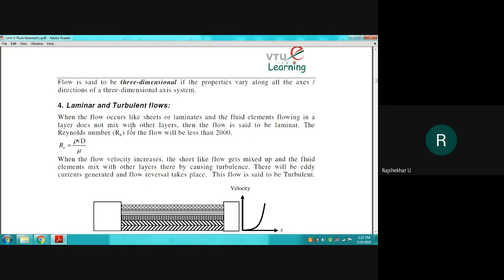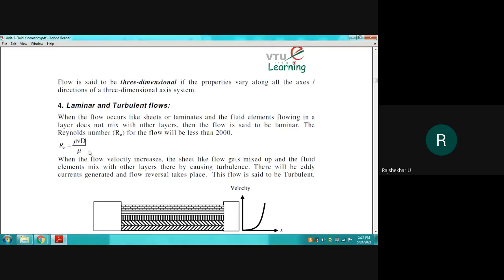In this particular case, we are considering a pipe of certain diameter. The fluid has density rho, moves with a certain velocity in the pipe, and mu is the viscosity of that fluid. Considering all this, if you calculate the Reynolds number and it comes out less than 2000, then we consider that flow to be laminar flow.